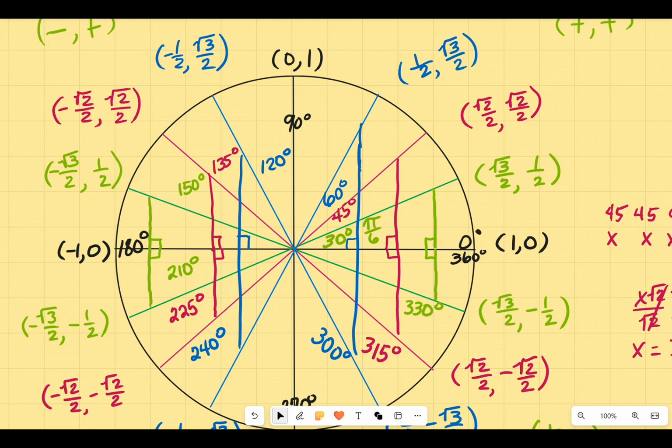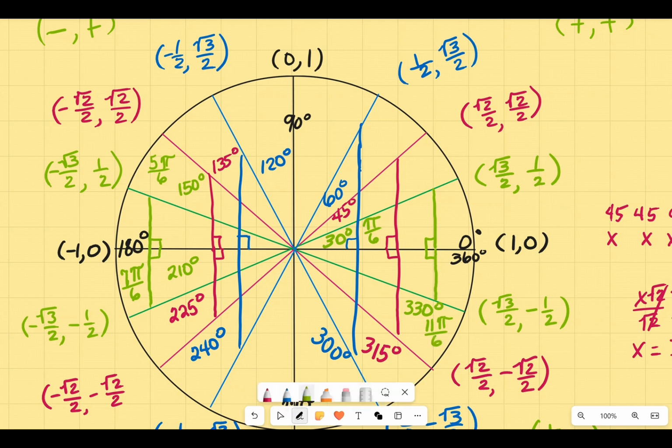For 150, that is 5 pi radians over 6. 210 is 7 pi radians over 6. Just use that formula and you'll see where I'm getting this information. For 330, that's 11 pi radians over 6.